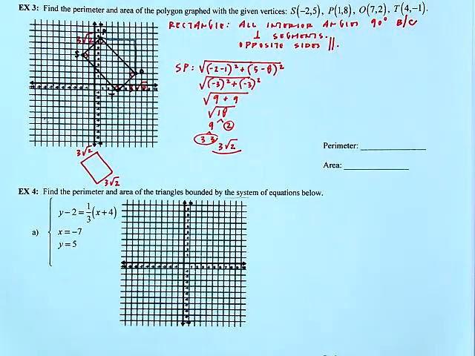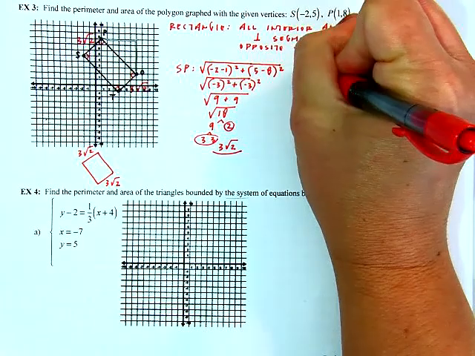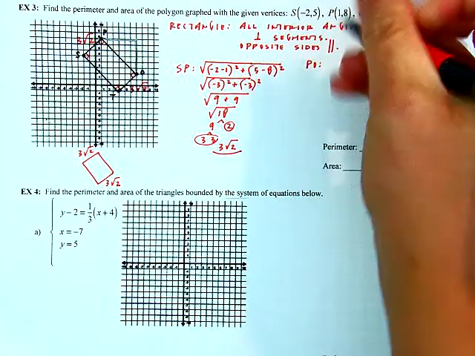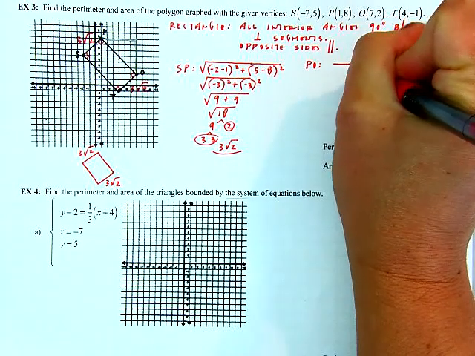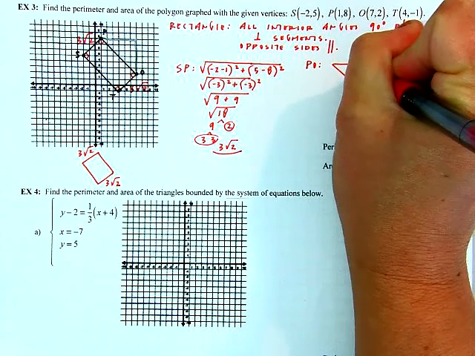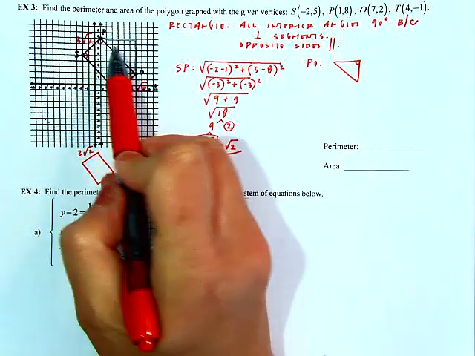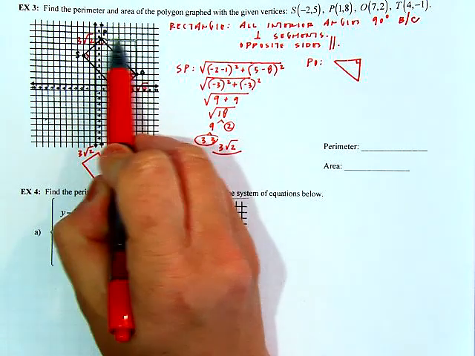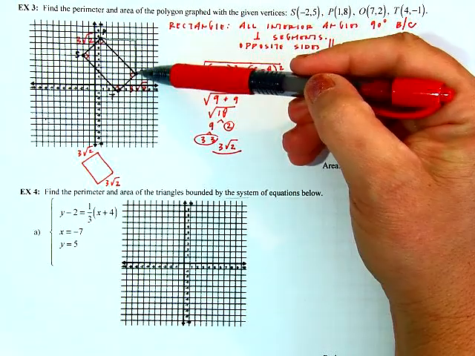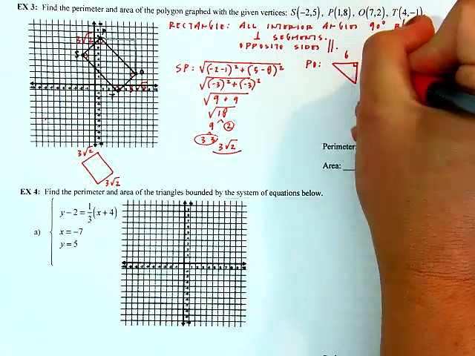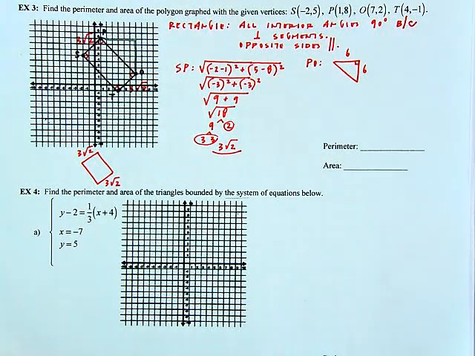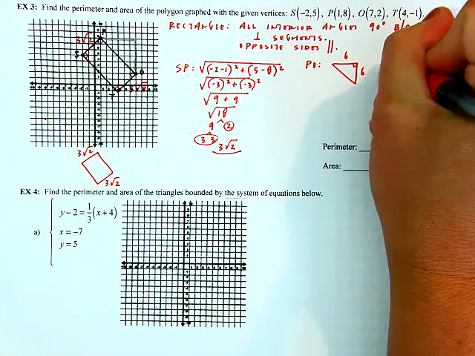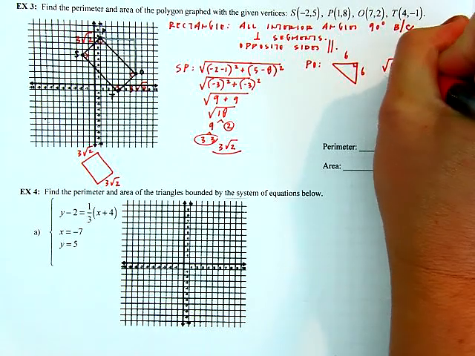Okay, let me write out that I'm solving for PO. So if I picture that right triangle where I'm solving for the hypotenuse, here I have 1, 2, 3, 4, 5, 6 units horizontally, and I'm going to have 6 units vertically. So 6 and 6, just like that. So then I'm looking at the square root of 6 squared plus 6 squared.